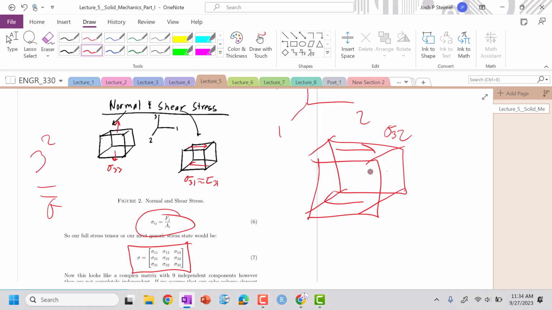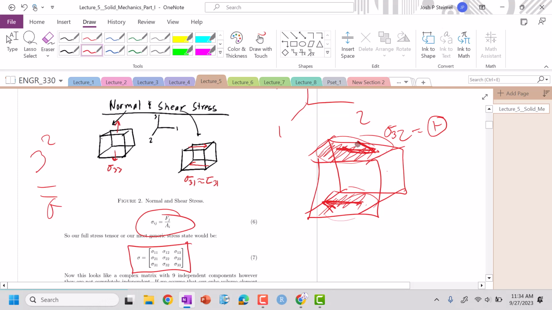We have this top surface and a bottom surface here. When I'm looking at these surfaces, I'm going to define this as my positive surface, and this is my negative surface. Here, my force was pointing on the positive surface in the positive direction, and on the negative surface in the negative direction. That is going to be determined as a positive shear stress.